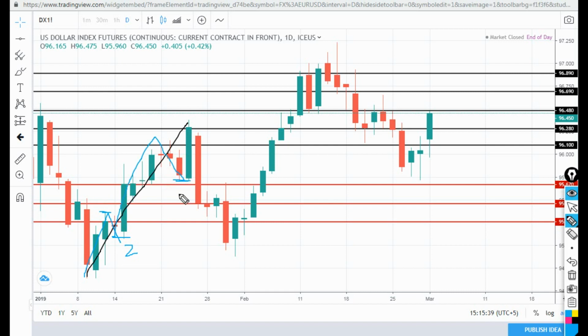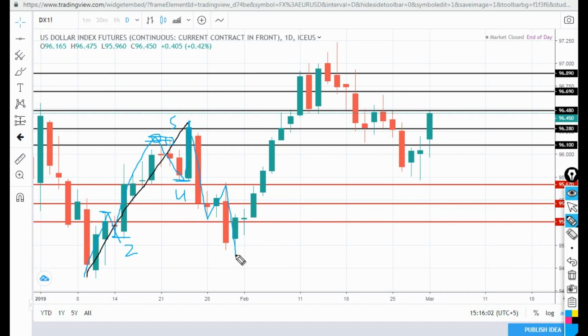Now this part is your fourth correction from here to here, and then you finally see a candle goes above this part and breaks it, and after it goes, now this is your 5, then after it goes for your ABC like this.